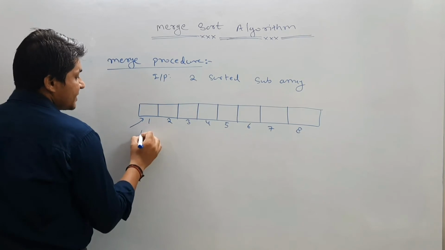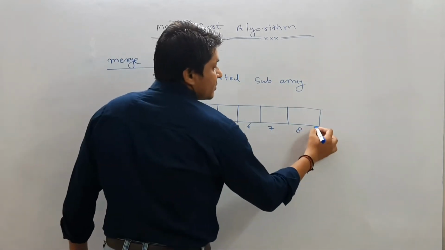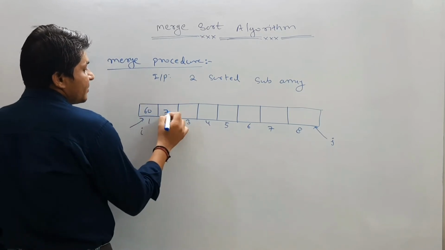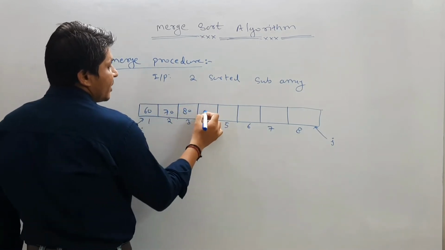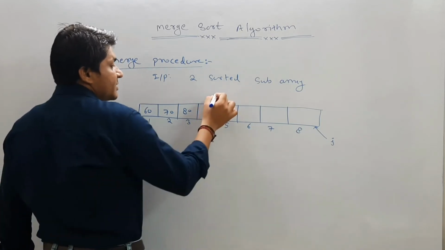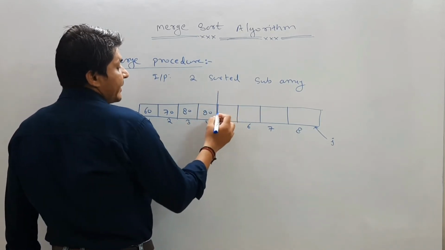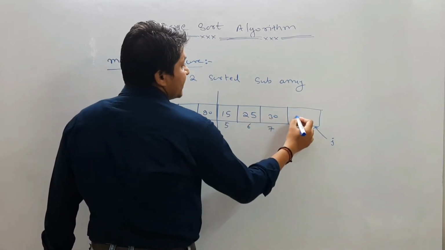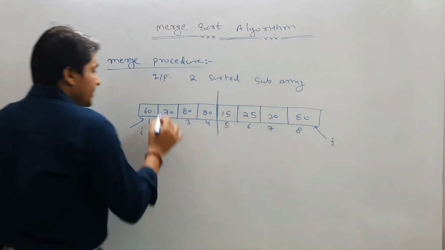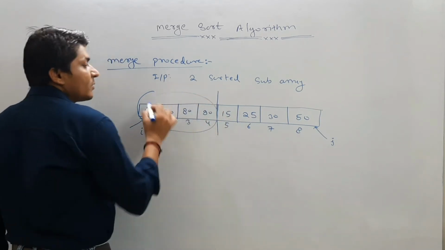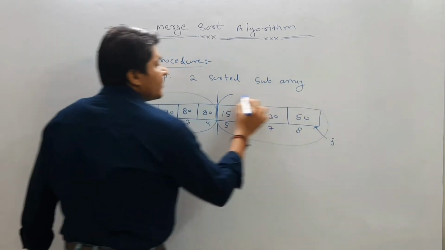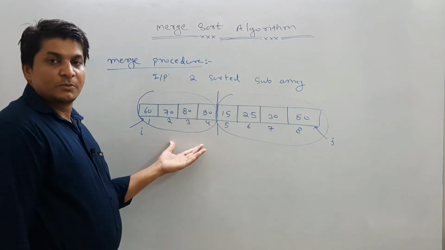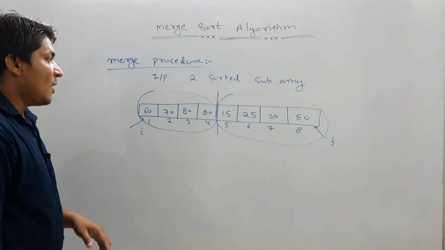Here i is the starting index and j is the last index, and let's say the elements are 60, 70, 80, 90. This is one of the arrays, and the next array is, let's say, 15, 25, 30, and 50. This array is already sorted and this array is already sorted. It means if the input is two sorted subarrays, then we can perform the merge procedure. So how do we perform the merge procedure?